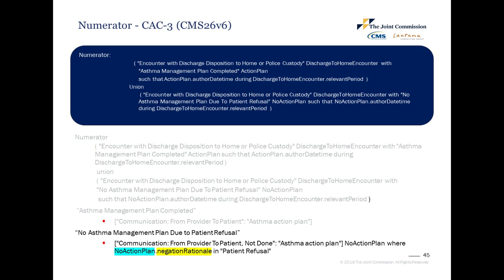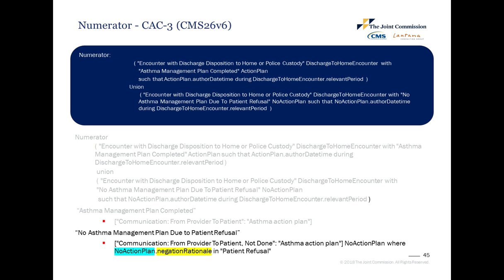Negation rationale indicates the reason that an action was not performed. Only QDM data types that represent actions, for example, performed or recommended, allow the negation rationale attribute. The intent is to provide a justification as to why an expected action did not happen. Patient refusal is a value set consisting of SNOMED codes representing the concept of patient refusal.